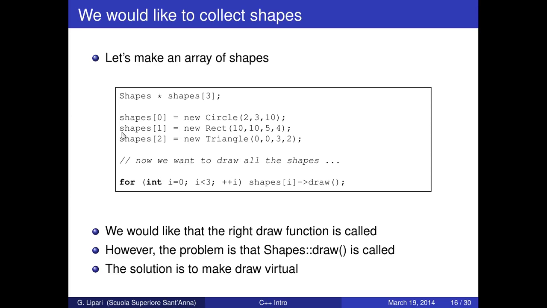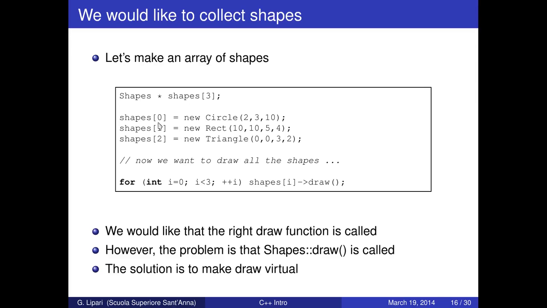And so now let's make an array of shapes, because as I said, the user is going to produce new shapes as the program goes on, and at some point I need to draw all these shapes on the screen. So one thing I could do is to have an array of pointers to shape.